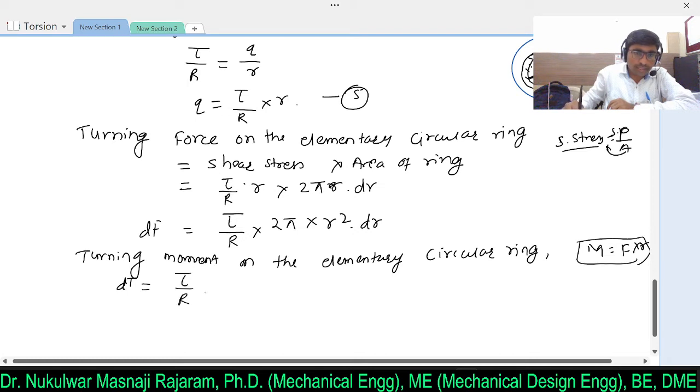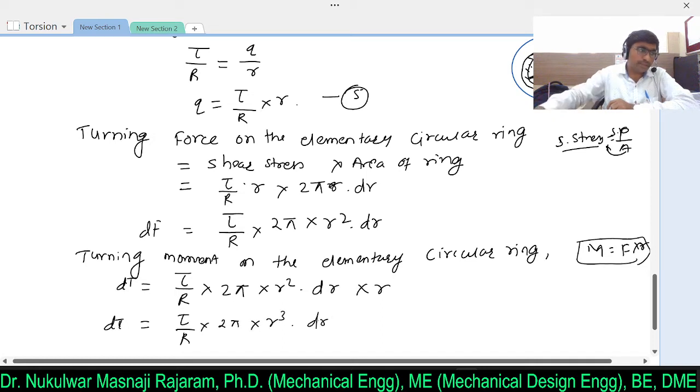So tau by r into 2 pi into r square into dr multiplied by radius. So if I multiply r over here, then r square into r becomes r cube. So I will get turning moment dT equal to tau divided by r into 2 pi into r cube dr.